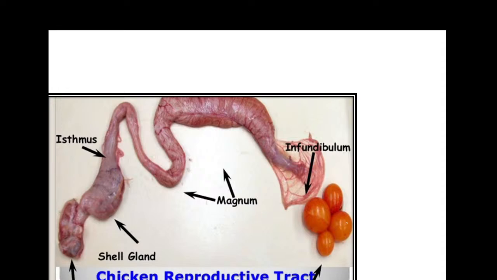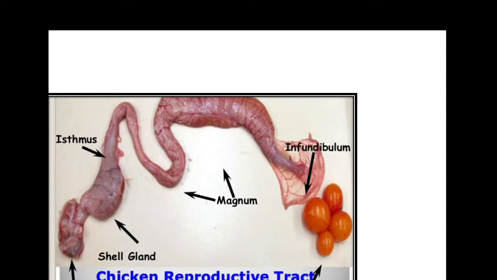At the animal pole there will be the nucleus, and the yolk is filled toward the bottom. This egg, or ovum, will enter into the infundibulum, the funnel-shaped structure. In the oviduct, fertilization takes place and it reaches the magnum. This is known as the magnum region, and deposition of albumin takes place after fertilization.